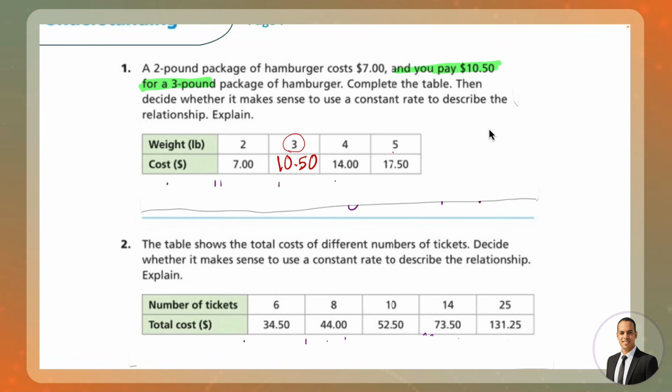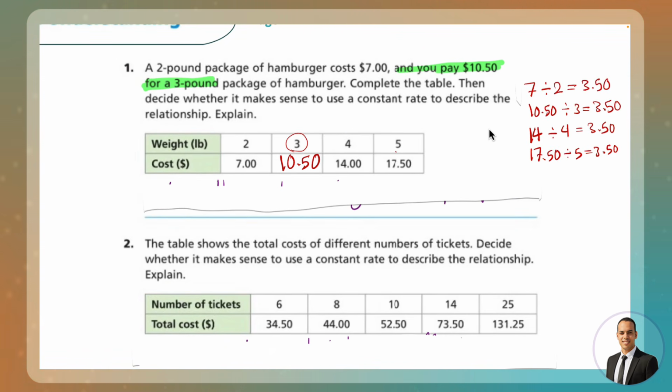Okay, and it says you decide whether it makes sense to use constant rate. Okay, so to make sure it's a unit rate, guys, you can just divide the cost by the number of pounds. Okay, and if it's the same price for every pound, it means yes, it's a constant rate. So let me do fast calculations here. So guys, I divided the total cost by the number of pounds.